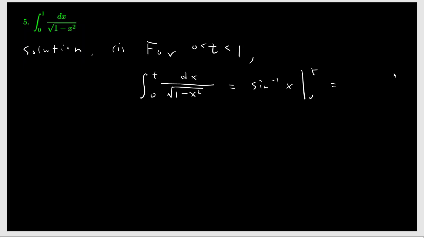I think you have inverse sine of t minus inverse sine of 0. Inverse sine of 0 is equal to 0. I will give you one more step. The answer to the first step, so not the final answer, is inverse sine of t.